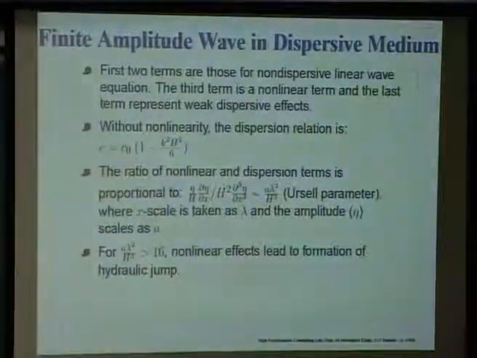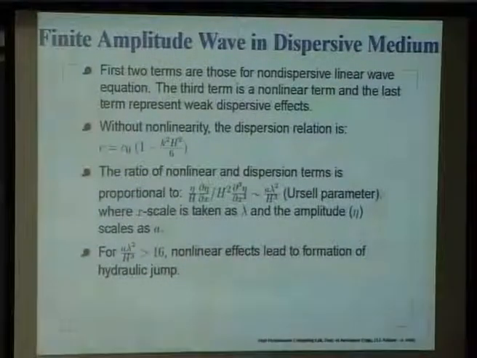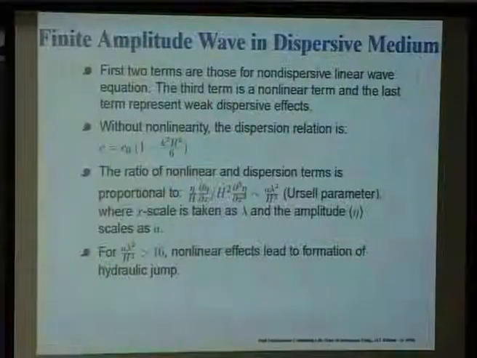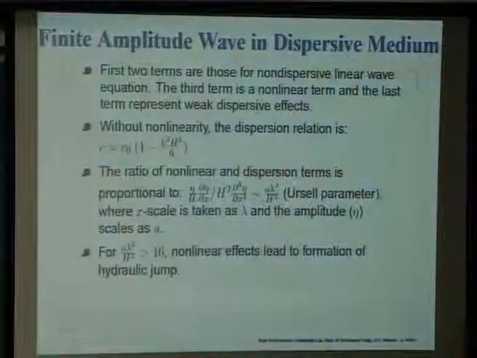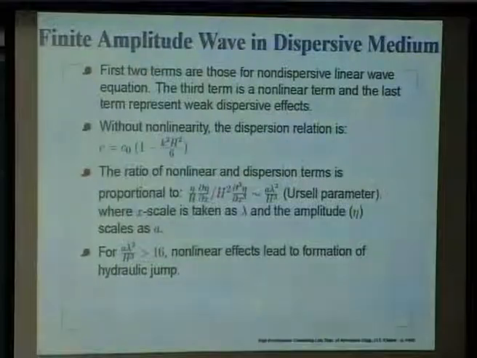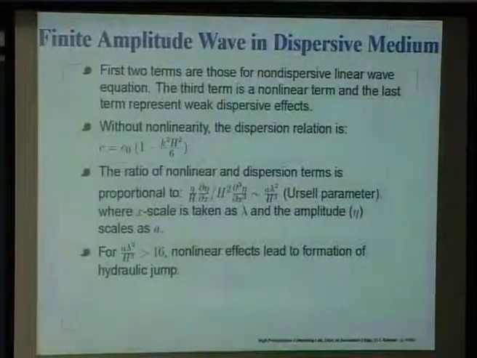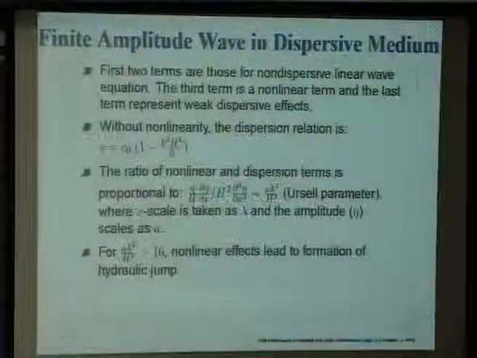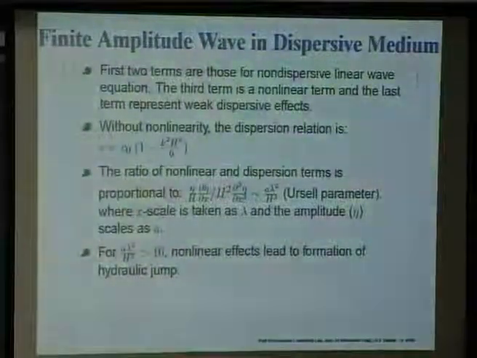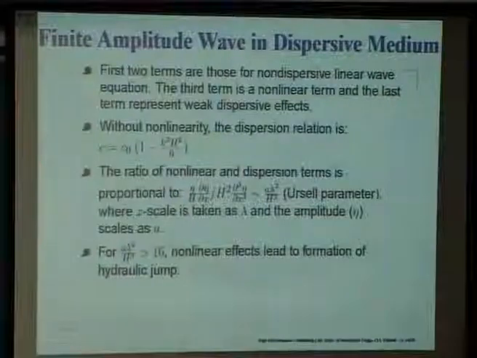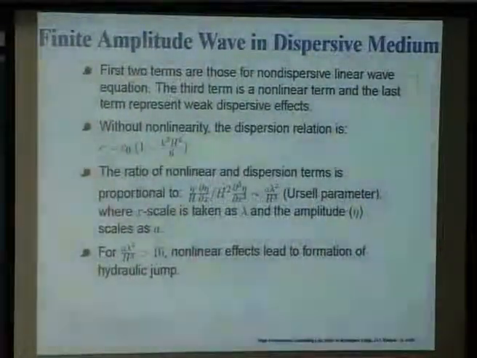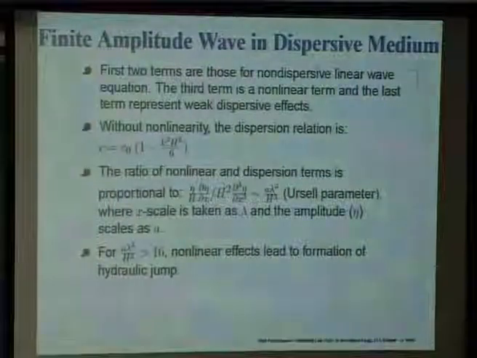Now, I told you that this kind of periodic behavior is observed when the nonlinearity and the dispersion play opposite roles. So, we try to figure out what the ratio of the nonlinear and dispersion terms is. The nonlinear term is eta by h del eta del x, and this is the third derivative dispersive term.